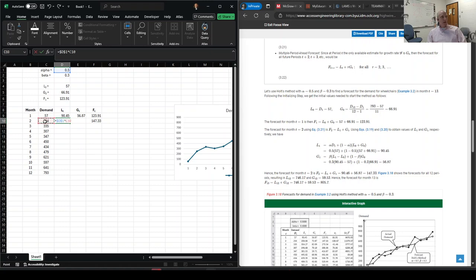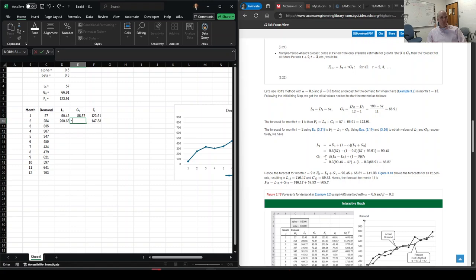So I'll multiply it by our D2, actual demand, plus 1 minus the alpha, I'll anchor that, times previous period's L plus previous period's G. And that should give us 266. Okay, so we're lined up here with the book. That looks good. Let's do our G2.